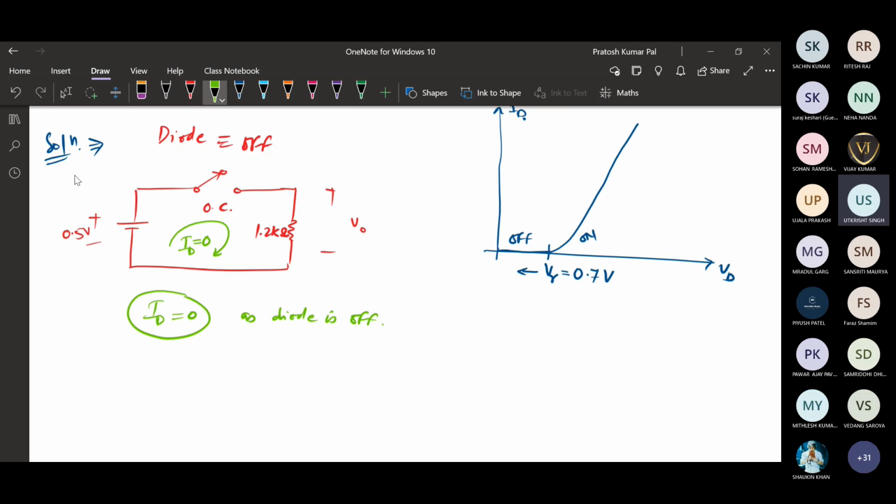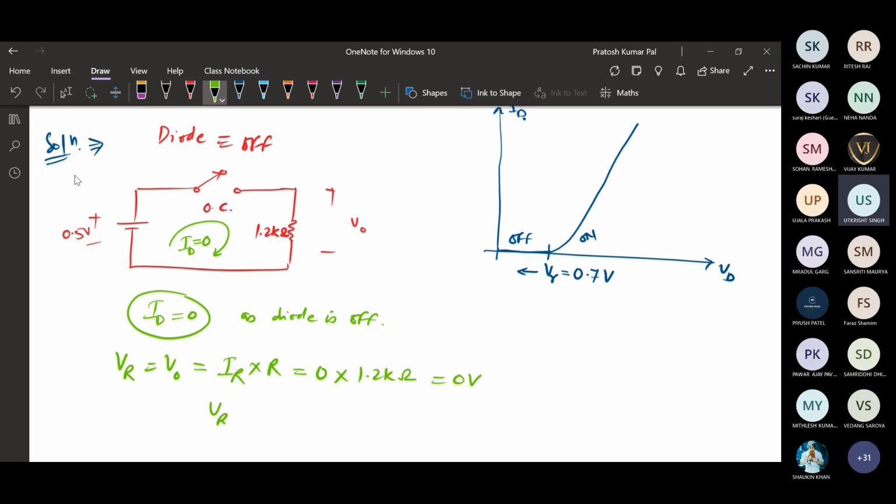If the current flowing through this circuit is 0, then whatever voltage drop is there across this resistor, VR, will be equal to V output. The voltage drop comes out to be IR, the current flowing through this resistor times the resistor value. So IR is 0 multiplied by 1.2 kilo ohm, which comes out to be 0 volt.